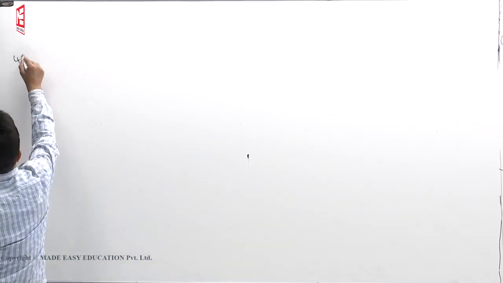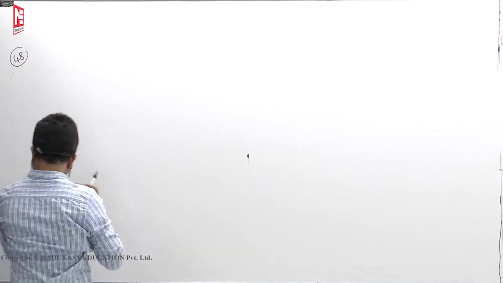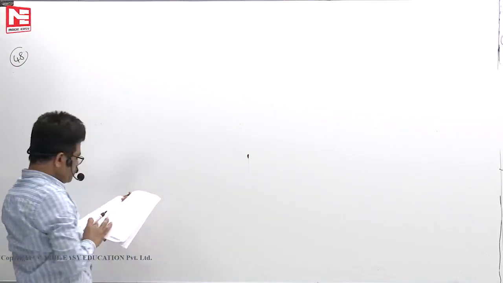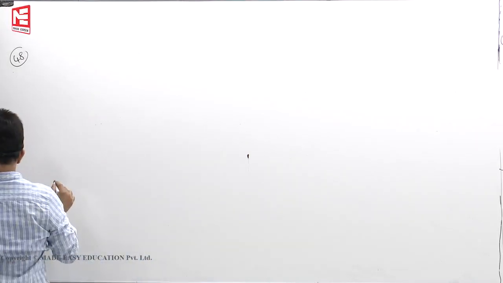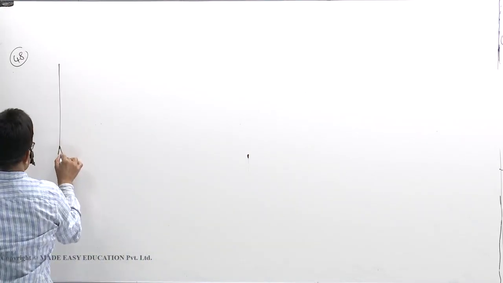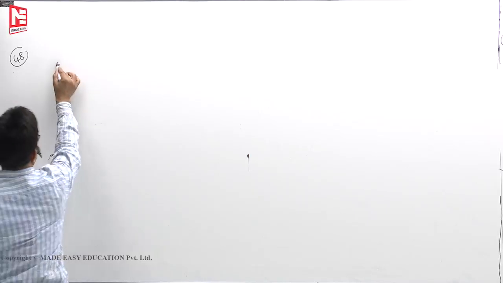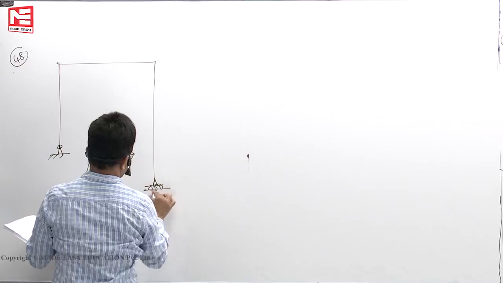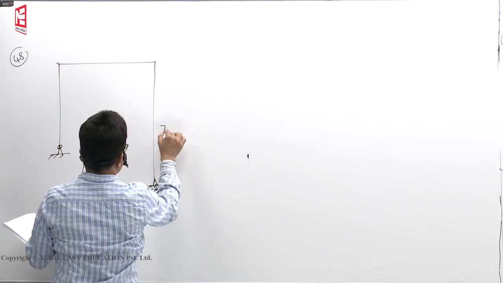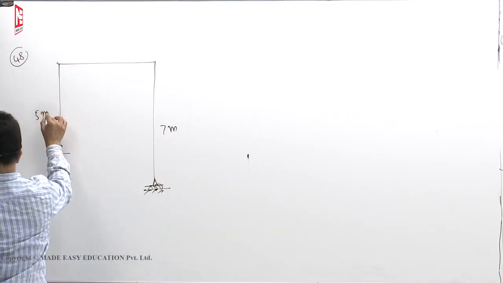Next, 48. Plane frame shown below analyzed, neglecting deformation. Okay. This question is like this. Hinge, roller, 7 meters, 5 meters.